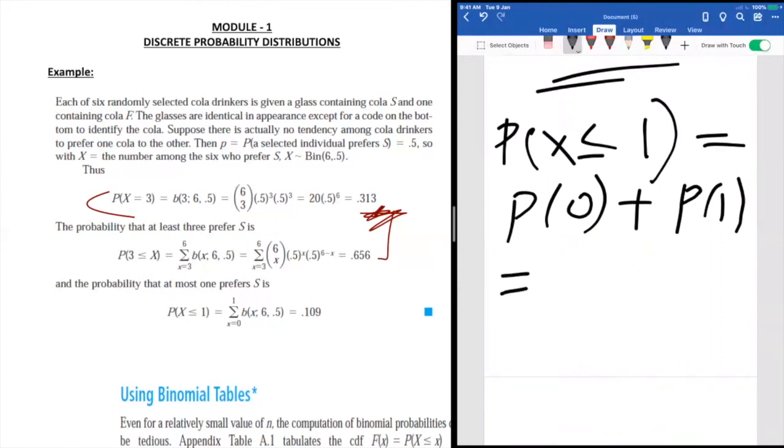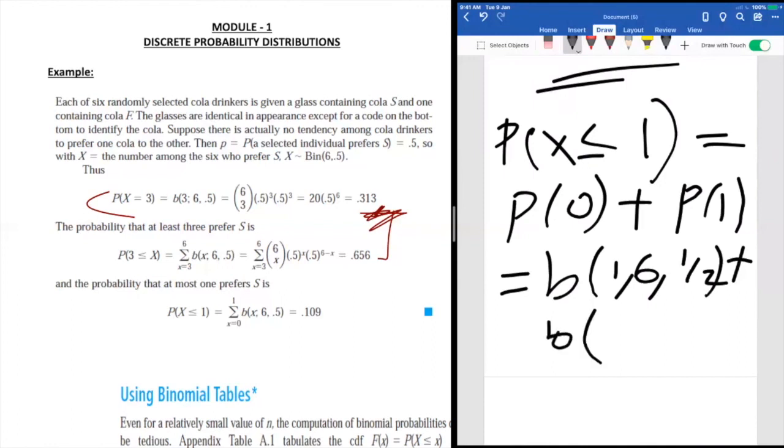That is binomial of 0, 6, 1 by 2 plus binomial of 1, 6, 1 by 2, n equal to 6, p equal to 1 by 2.